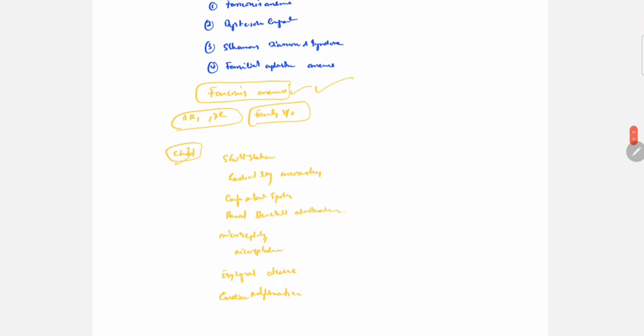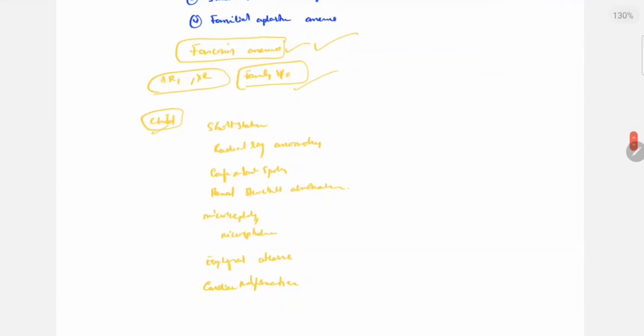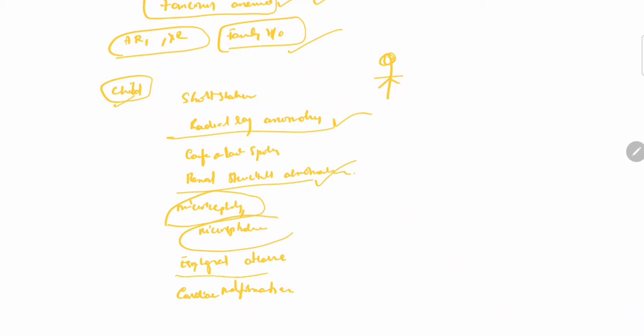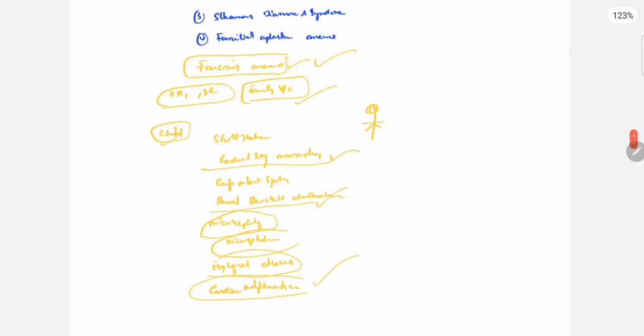Pancytopenia with family history, that is autosomal recessive. So there will be short stature with café-au-lait spots and skeletal abnormalities, also radial ray anomalies and renal structural abnormalities, sometimes microcephaly and microphthalmia and esophageal atresia and cardiac malformations. These are the clinical features of Fanconi anemia.